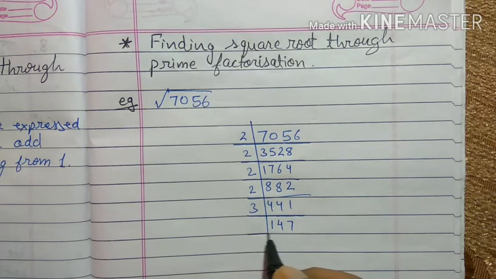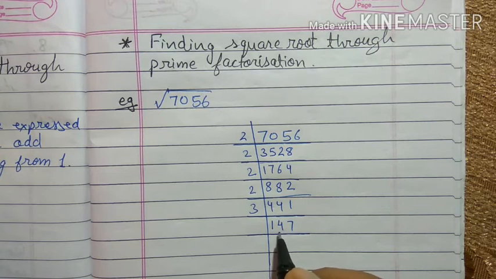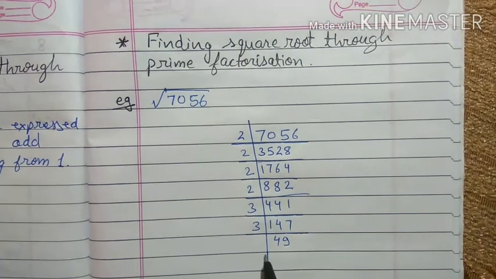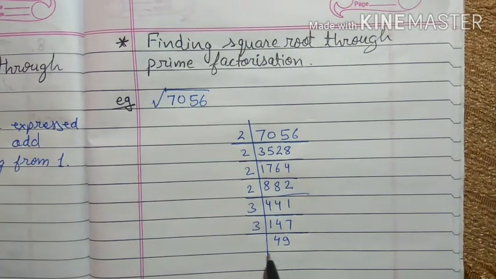Now check again whether this 147 is divisible by 3 or not. 1 plus 4 is 5 and 5 plus 7 is 12. Yes, 12 is divisible by 3. So 3 4s are 12, 2 is left, 27. 3 9s are 27.